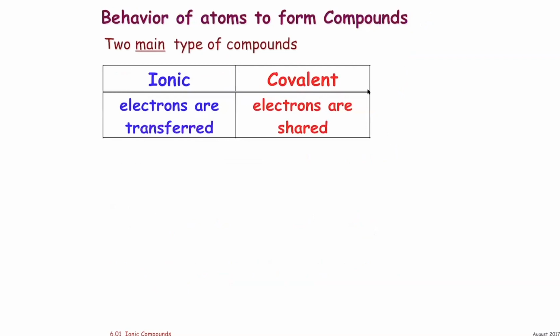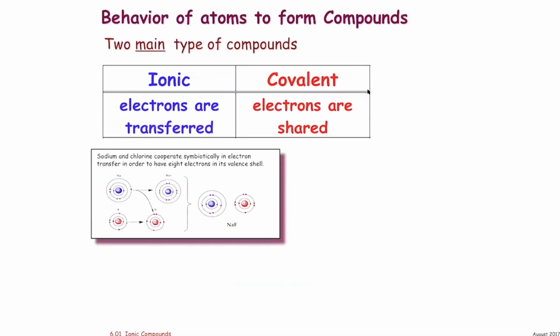So, like I said, in ionic compounds, the electrons are transferred. Why? Because maybe you have an element that has 2 valence electrons. If it can get rid of the 2 outermost electrons, the inner core now has the same number of electrons as a noble gas. Maybe you have chlorine, it's got 7 valence electrons in its outermost shell.